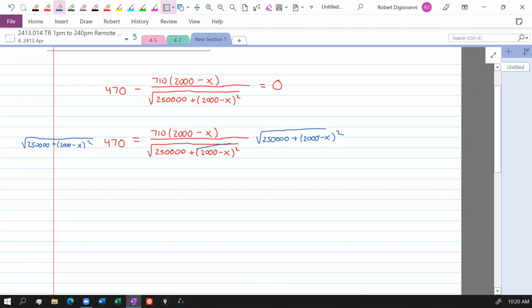All right, it goes way over here. And then I have 470 times that square root thing equals the numerator. I'm getting my calculator out here because I'm going to need it.